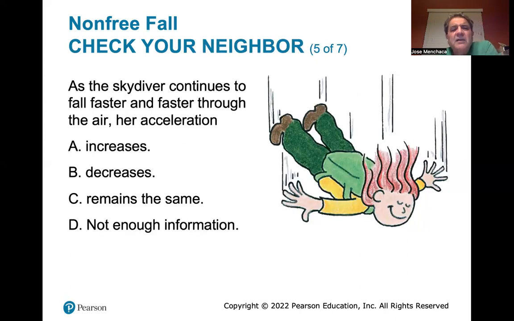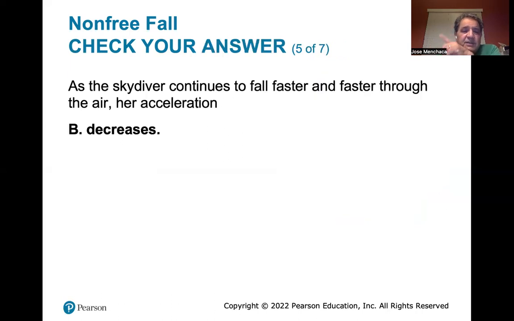Okay, as the skydiver continues to fall faster and faster through the air, does her acceleration increase, decrease, remain the same, or is there not enough information? Well, if the net force is decreasing, her acceleration has to be decreasing because acceleration is directly proportional to the net force. So her acceleration decreases.